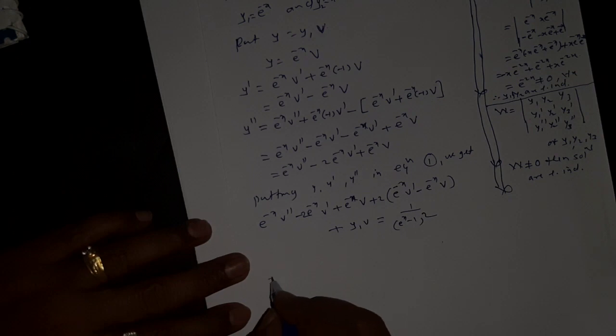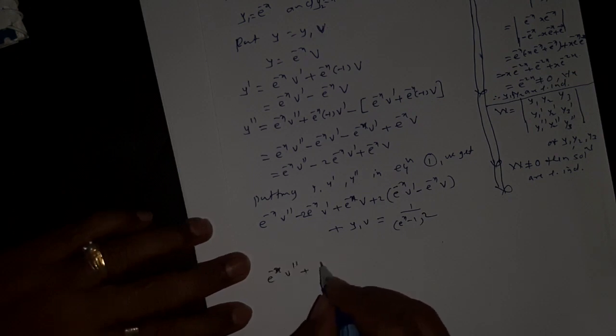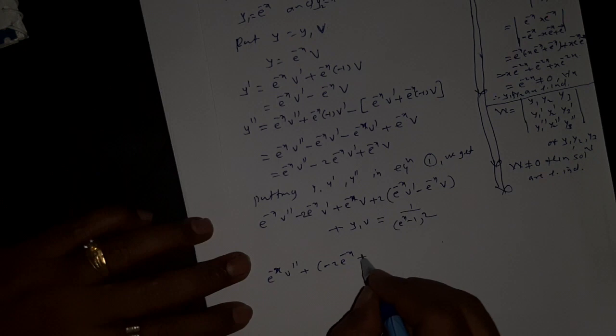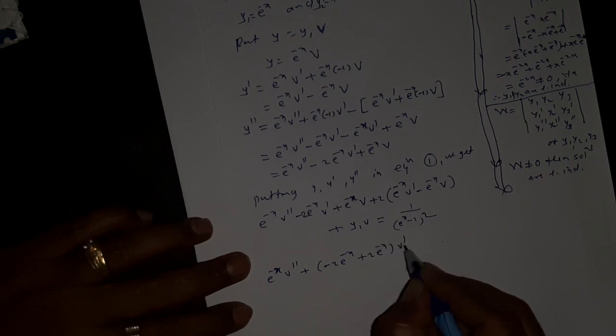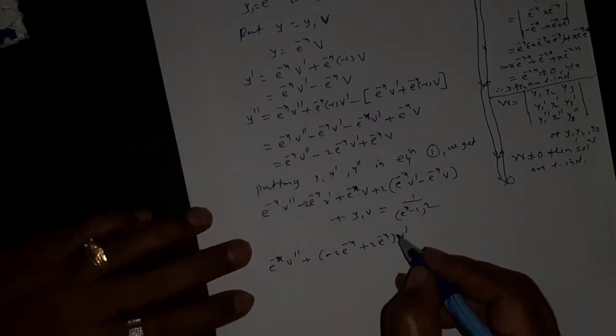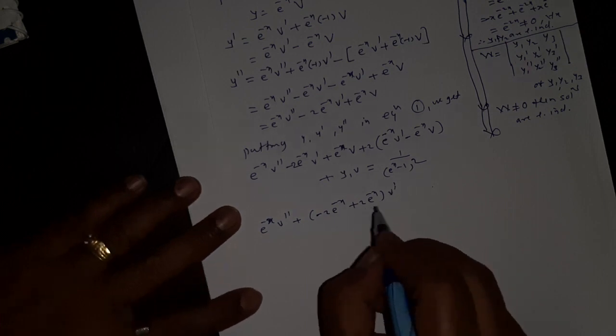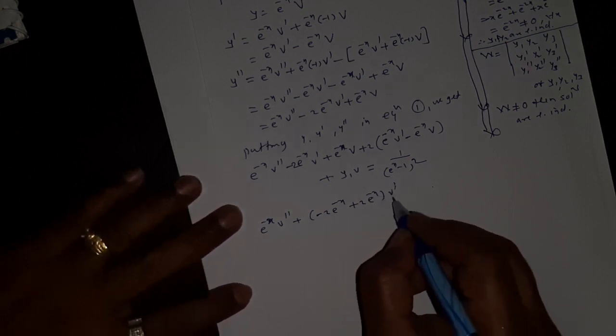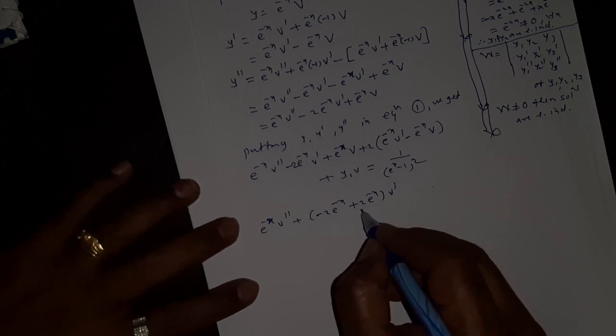Then collect the coefficients of v double dash, v dash. So what are the coefficients of v dash? Minus 2 e raised to minus x and plus 2 e raised to minus x, and the value of the coefficient of v dash is 0. In every problem, the coefficient of v dash becomes 0.